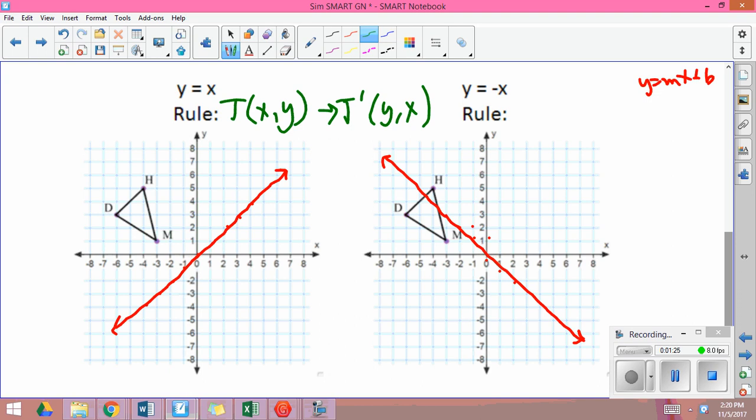So when I look at h, who is at 4, -4, 5, m is at -3, 1, and d is at -6, 3, then that means that m prime is going to be at 1, -3.